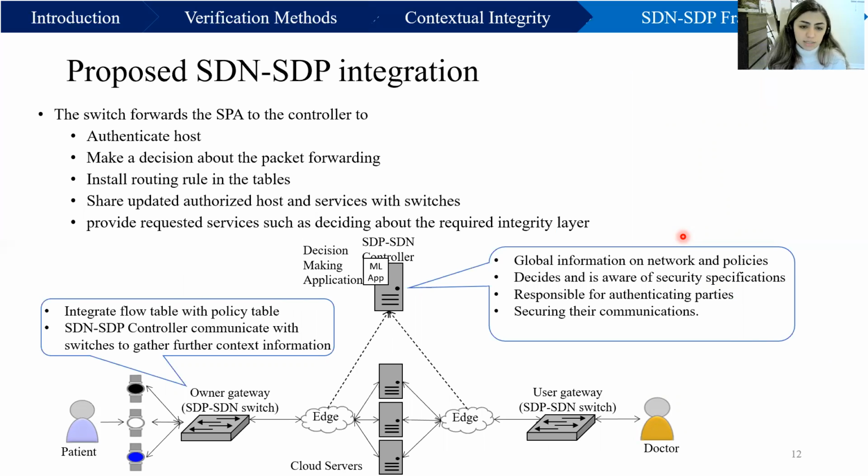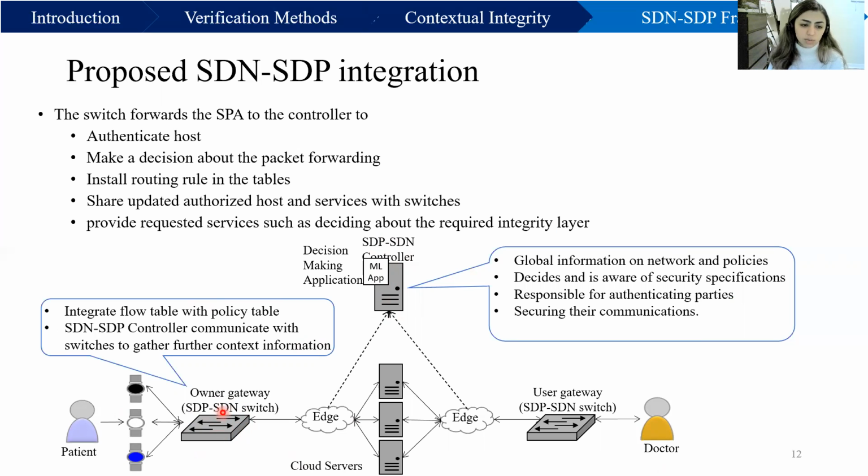Using the SDP and SDN architecture, we combine them and build this kind of framework. We have SDP and SDN controllers implemented in one controller. Then we have SDP and SDN switches in one switch.